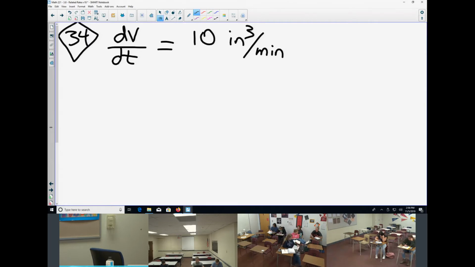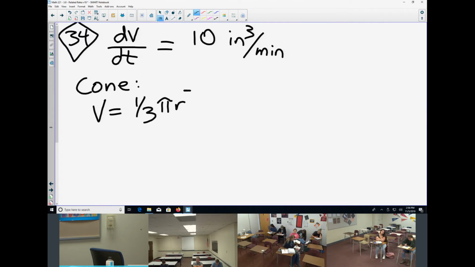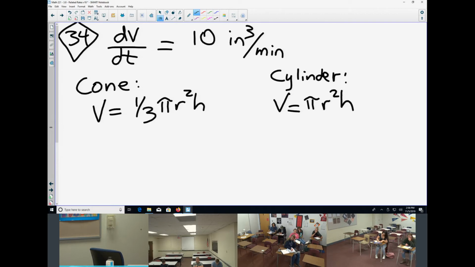Okay, so here we're going to have to deal with two formulas on this one. So we've got the cone, and the volume of a cone is 1/3 pi r squared h, and then the cylinder, the pot, its volume is pi r squared h. Okay.